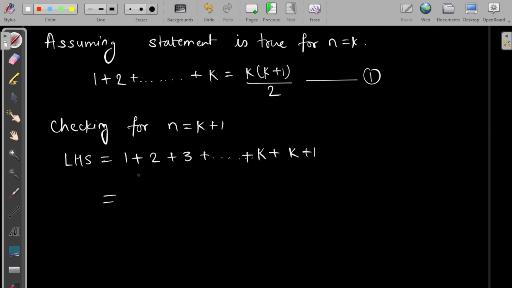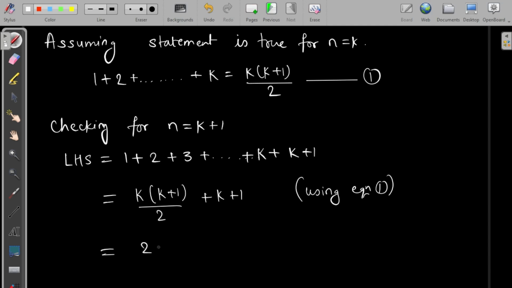Okay, so I'm writing this term, and now we know that this thing is actually equal to this thing from equation 1, right? So using equation 1, we can say that LHS is actually equal to k into k plus 1 over 2 plus k plus 1. Using equation 1, we have stated that.